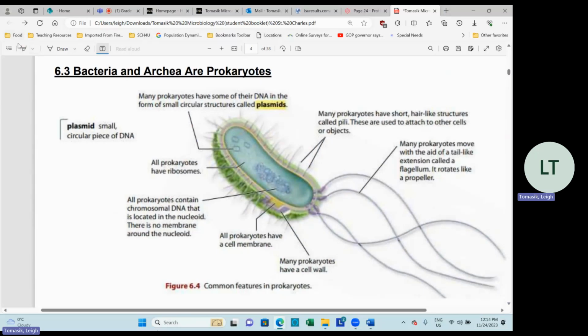So they still have chromosomes, but they have little extra pieces of DNA, and you can see some here, right? These rings are called plasmids, and they're extra DNA that don't always get replicated when they have children. And the other thing is that bacteria can share them with each other.